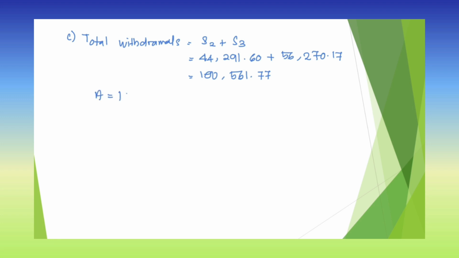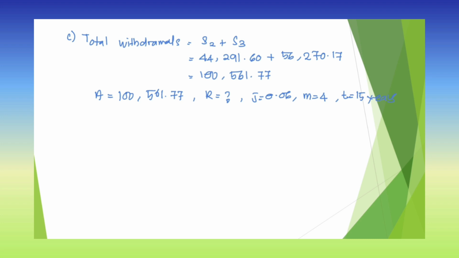And this is our A. So A is 100,561.77. R is the equal withdrawal that we have to find. The interest rate j is 0.06 compounded quarterly, m equal to 4, for a period of 15 years, so t equal to 15 years.